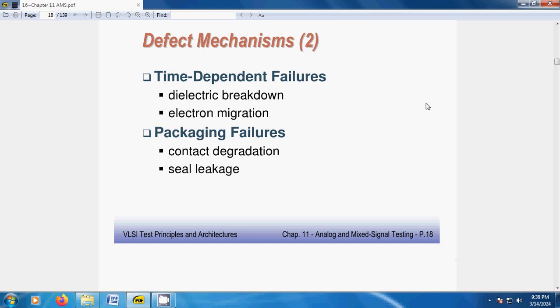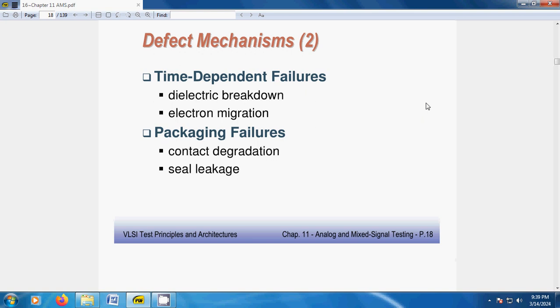Next is packaging failures. Packaging failures are created when there are any shortcomings in the packaging part of the IC. First is contact degradation. There are different types of contacts for the ICs. Say you have surface mount, you have dual line package, etc. Depending upon the contact which you are using, the contact wires connect the lead within the IC to the external world.